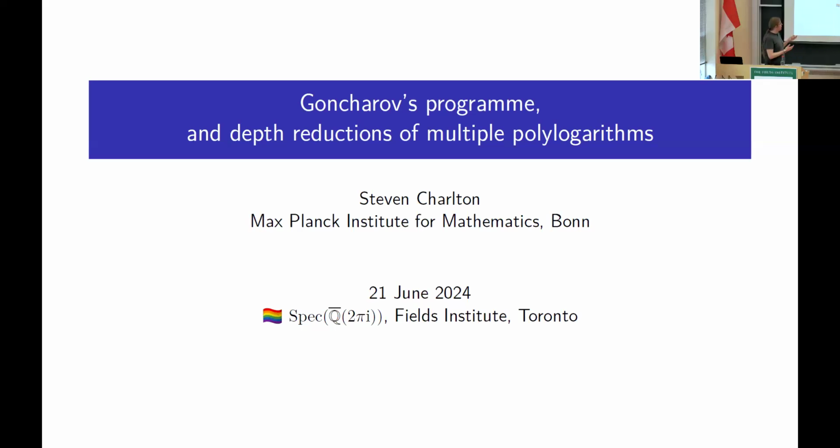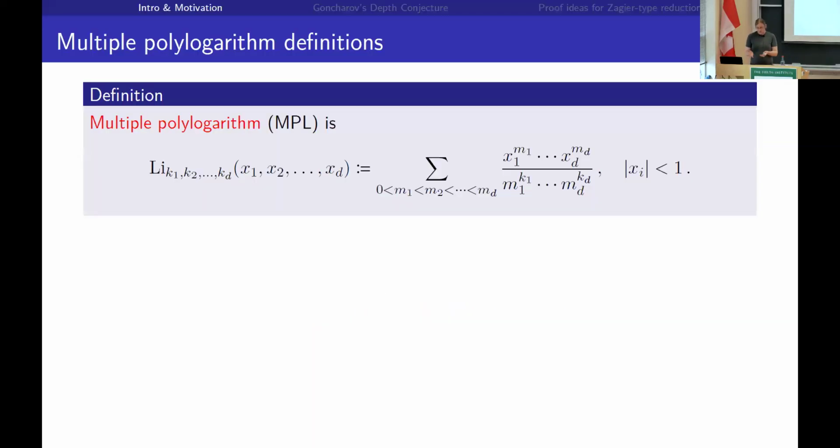So the objects I'm interested in are these things called multiple polylogarithms. Just to go straight off with the definition, they are nested sums, functions of many complex variables, x1 through to xt, defined on some polydisk.